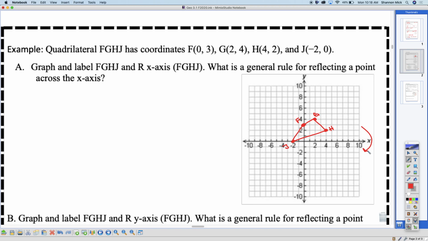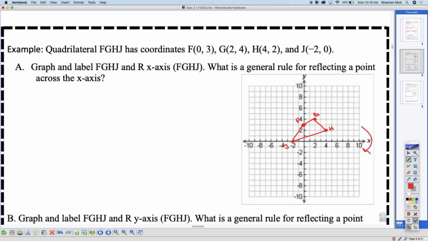Okay, since you have that there, then H would go from 4, 2 to 4, negative 2, because the x's aren't changing, what's going to change?